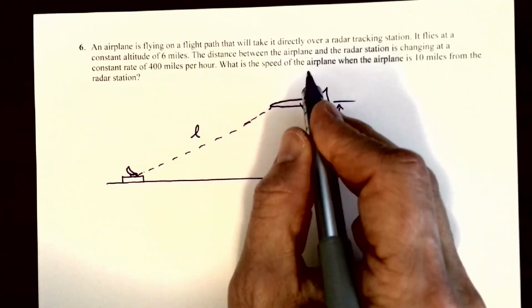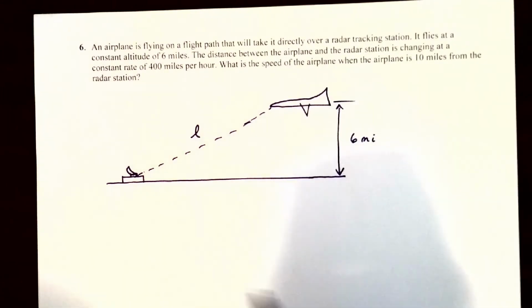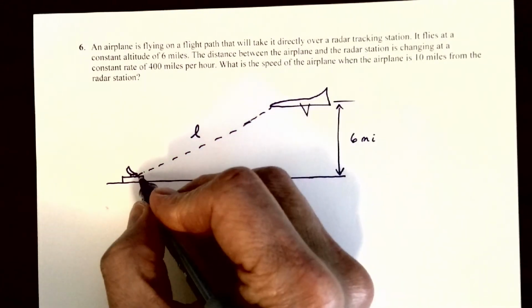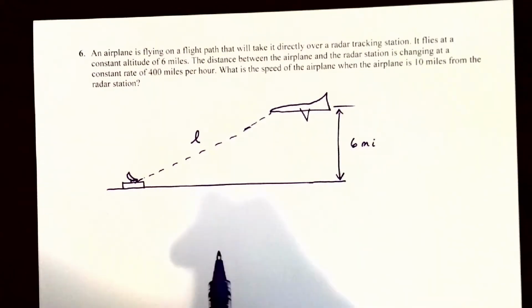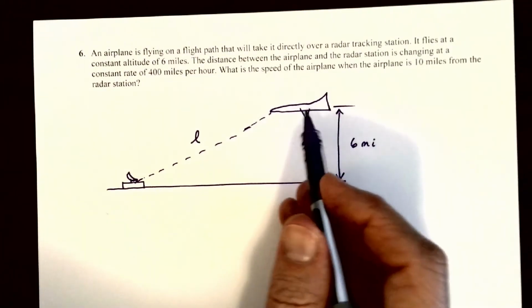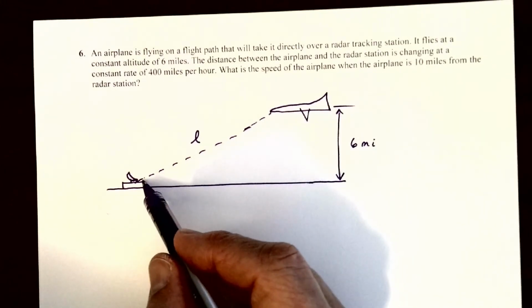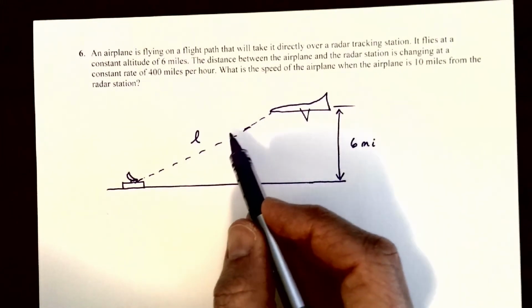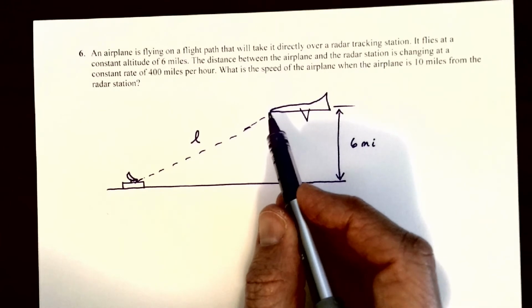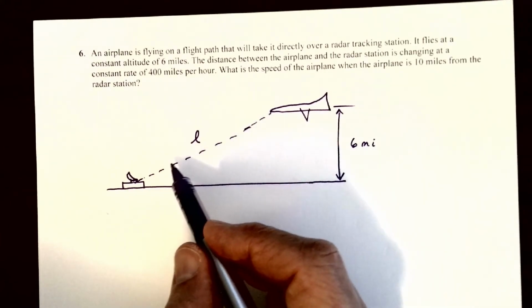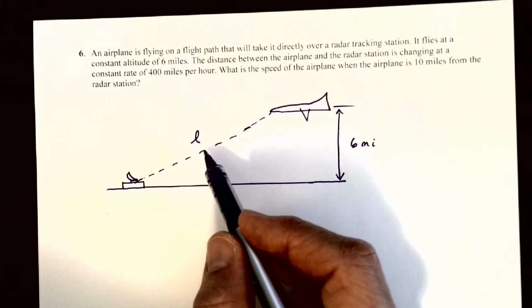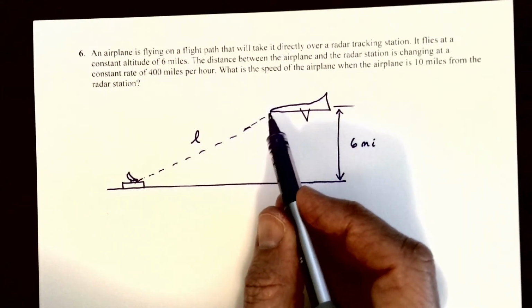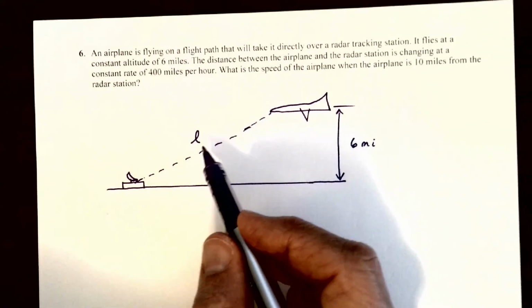What's the speed of the airplane? How fast is the airplane going? This is really a good problem because, when radar stations are tracking aircraft, how do they know how fast the airplane is going? What they do is they send a signal up to the airplane. It bounces off the airplane and comes back, and they know how fast that signal goes, so they can time how long it takes to go from the radar station to the airplane and come back down.